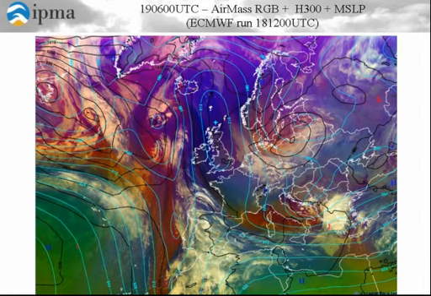And we have here the air mass RGB, height of 300 hectopascal, and also the mean sea level pressure in black lines here, and the 300 contours in blue.